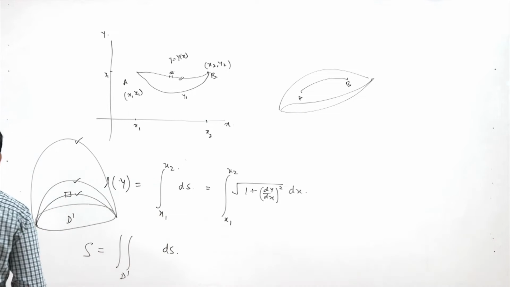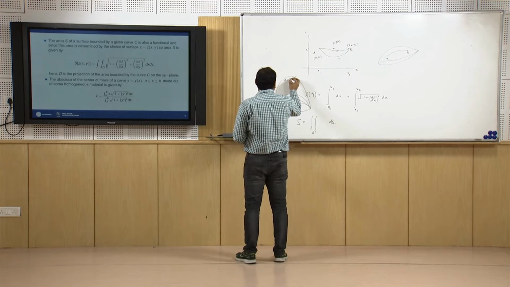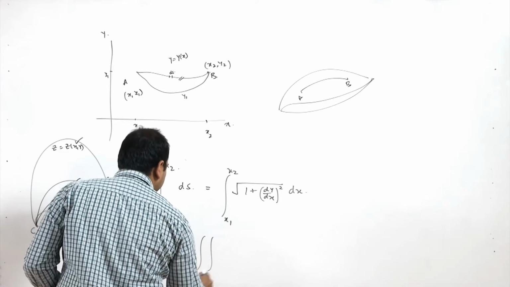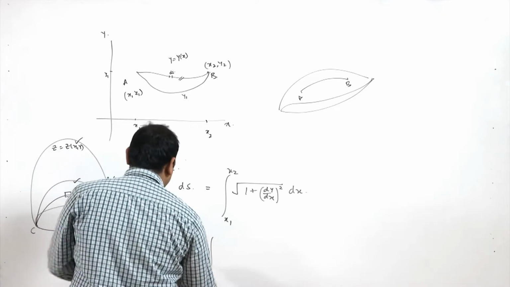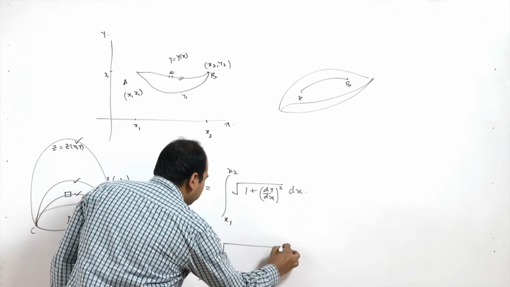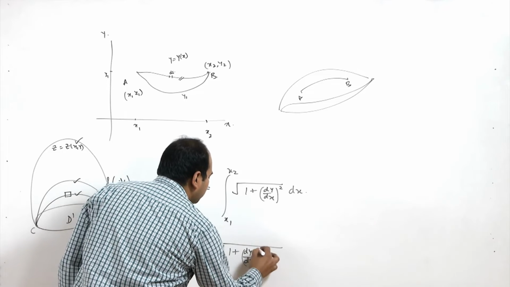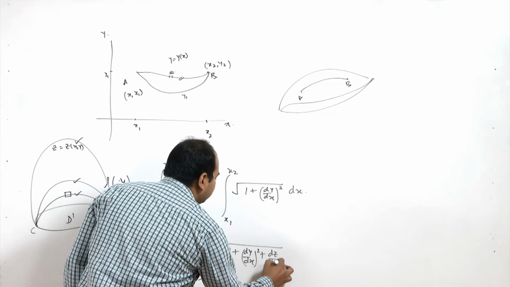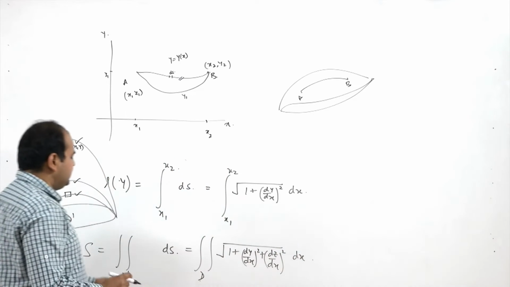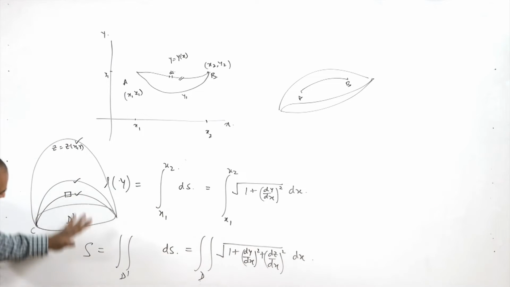If I take one surface, say z equal to z of x y, then this can be written as a double integral over D, where the surface area element is the square root of 1 plus (dz by dx) whole square plus (dz by dy) whole square, d of x d of y.